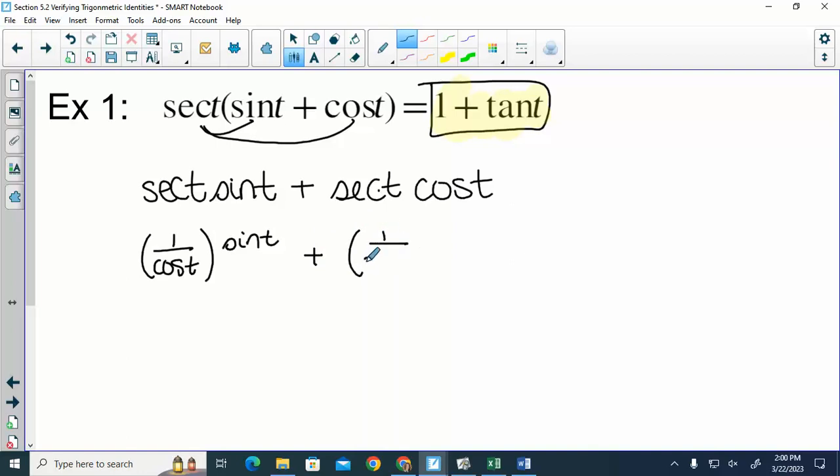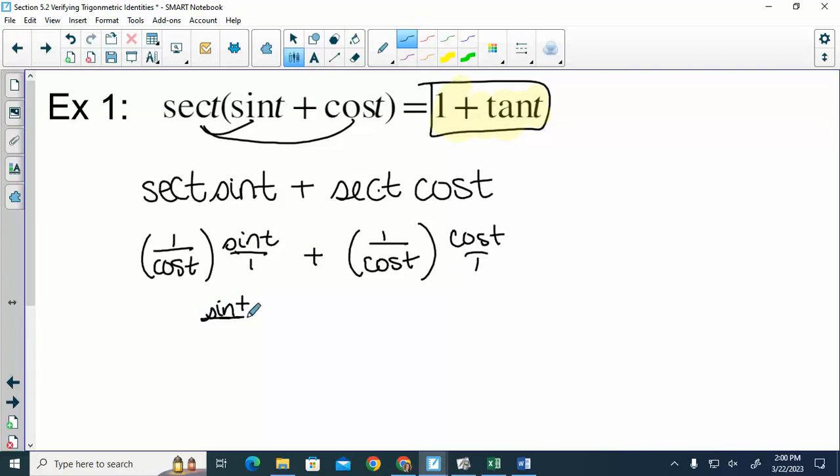Change both of those secants to a 1 over cosine. This is like a sine t over 1, cosine t over 1. So when you're multiplying, you just multiply the tops and the bottoms. So we get what?